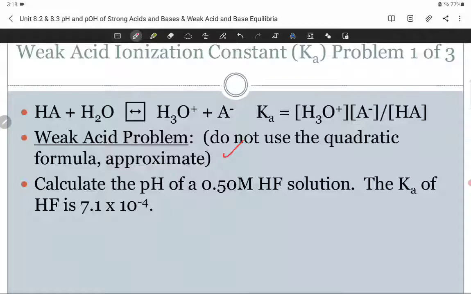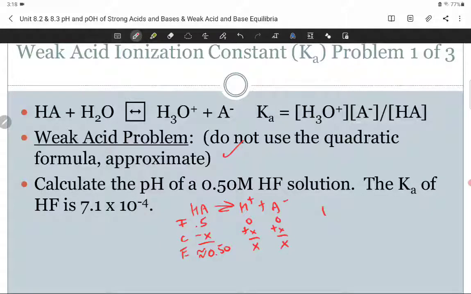I'll do one of these from start to finish here, but I would like for you guys to abandon writing ICE tables down as quickly as possible, because they're going to be very similar. Okay, so that's going to be the setup.